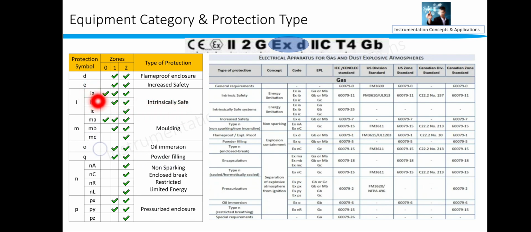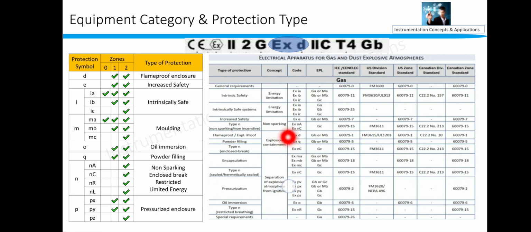IA can be used in zone 0, zone 1, zone 2. IB can be in zone 1 and zone 2 only. IC only zone 2. And similarly, molding, oil immersion, powder filling and P type pressurized enclosure are also there. This is the equipment category and protection type: how we can protect the equipment from being an ignition source. So these are those equipment categories.